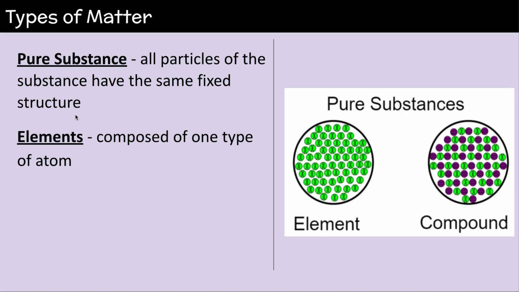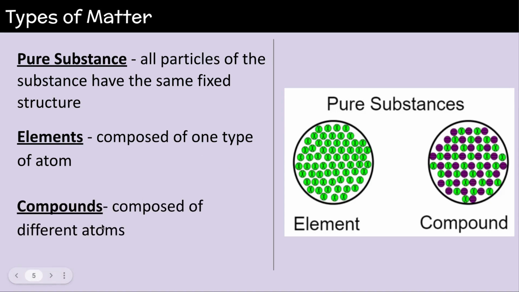The other group of a pure substance is compounds. And so compounds are composed of different atoms. So if over here we look, we can see that we now have some green atoms, but we also have some purple atoms. And what you'll notice is that even though they're composed of different atoms, they're present in the same proportion. So for every purple, I have a green. Okay, for every purple, I have another green.